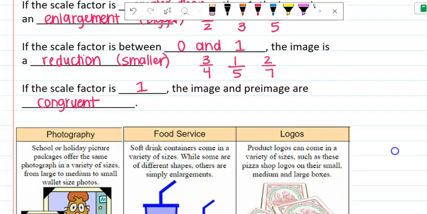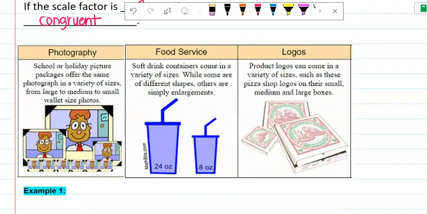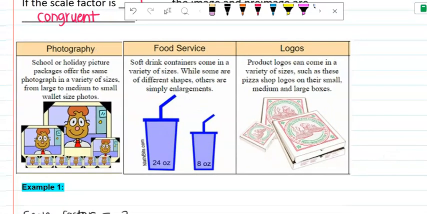All right, so just a couple examples of where you have seen dilation. Anytime you scale a picture, not cropping a picture, but like if you took a picture and then you saw it on a billboard, it's scaled to where all of its proportions are the same and it still looks like the same picture.